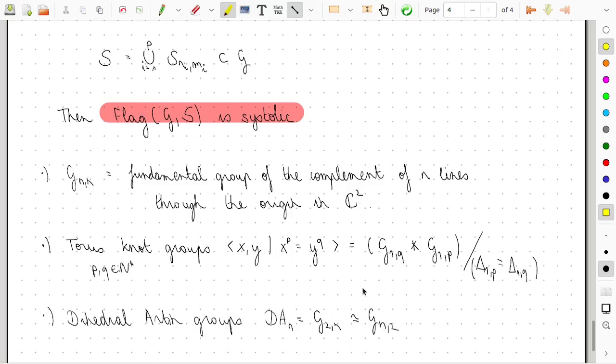And lastly, dihedral Artin groups have the standard presentation G_n. You can note that the group G_n is isomorphic to the group G_{n,2}. So we have two different flat complexes of Cayley graphs that are systolic for dihedral Artin groups.